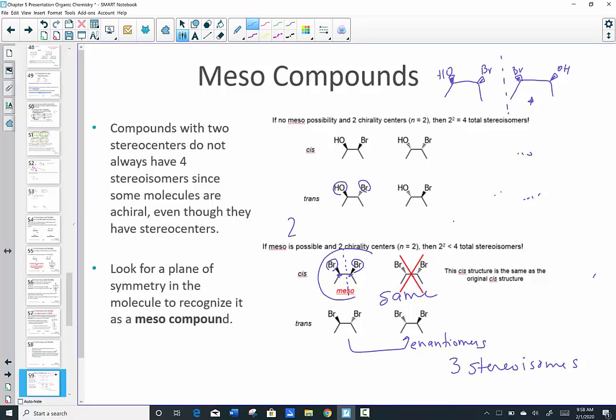So the cis 2,3-dibromobutane is a meso compound. It is not a chiral compound. There are 3 stereoisomers, 2 structures that are enantiomers and 1 diastereomer.